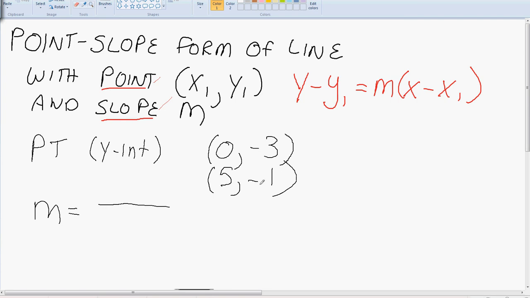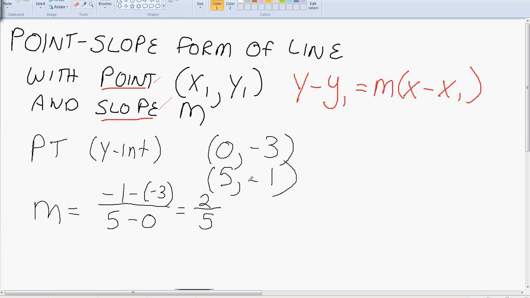So we've got y2 minus y1, -1 minus -3, be careful of your signs, divided by 5 minus 0. This is -1 plus 3, which is 2, divided by 5. So it looks like our slope is 2/5.